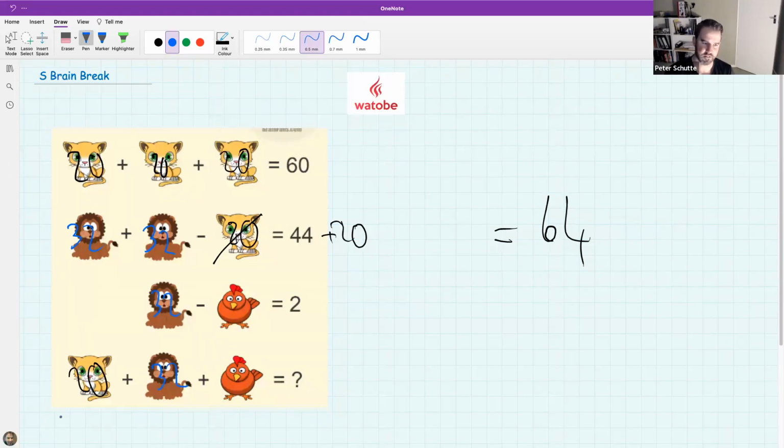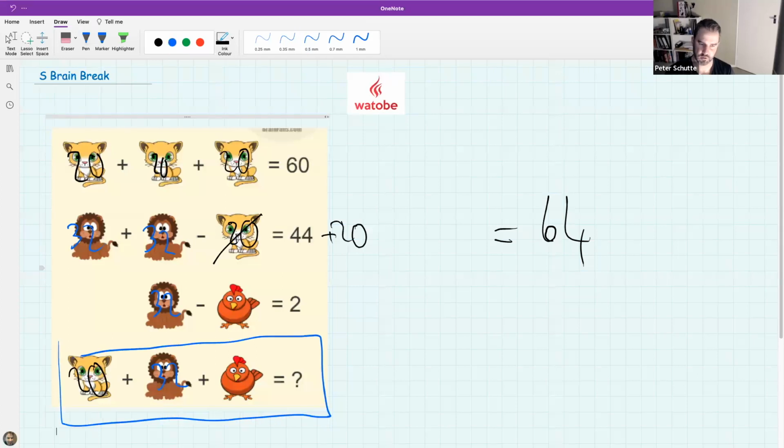Now remember, we're trying to figure out what this is. That's the final goal. And so now we need to figure out what the chicken is doing. So 32 minus something.